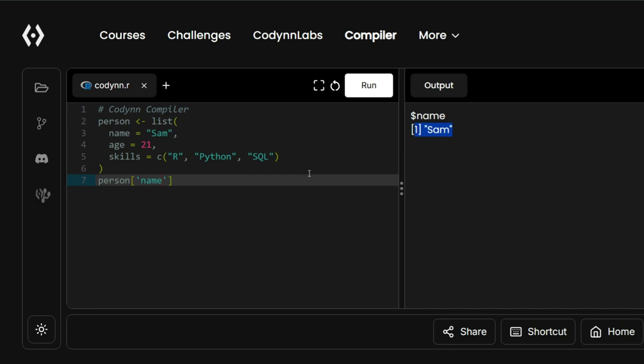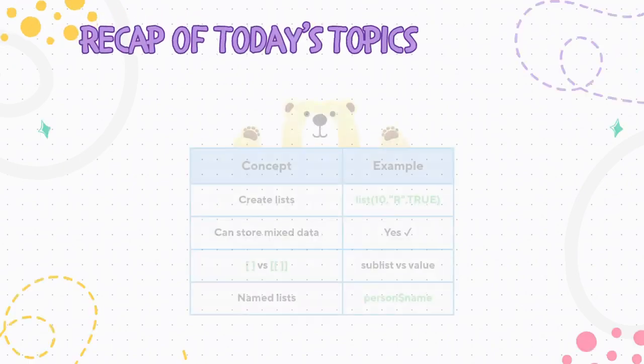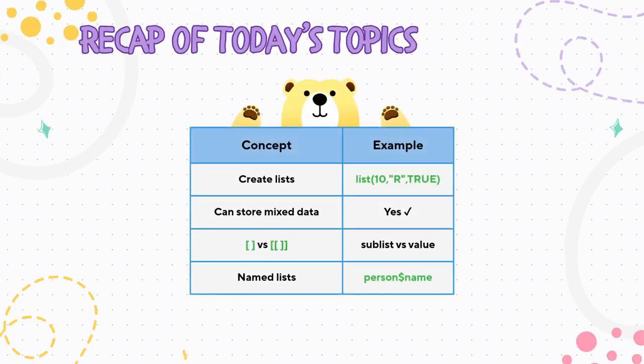And that was it for this video. Let's have a quick summary of what we learned today. We learned how to create lists with the list function and learned that lists can hold values of different data types like this. This is the number, this is a character, and this is a logical data type.